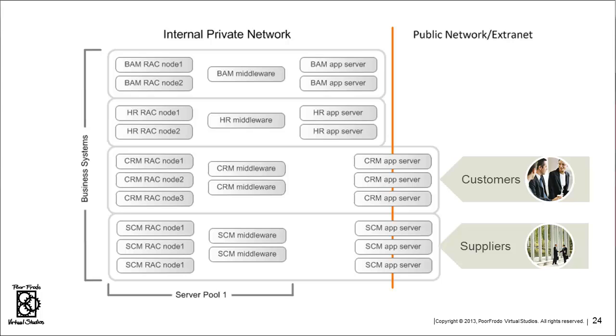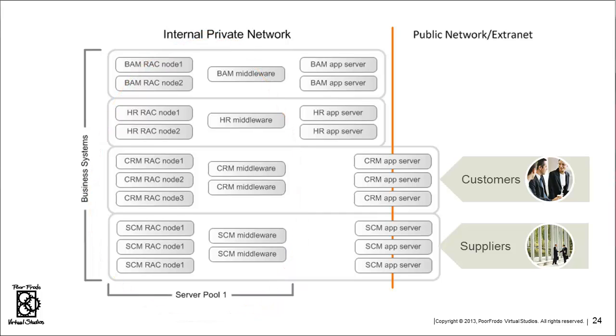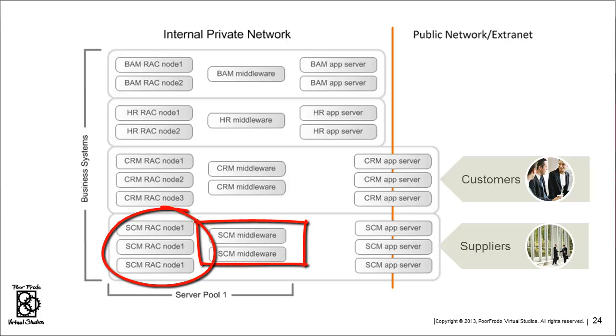Now what we're going to be building is 2 server pools. Server pool 1 is going to handle the databases and the middleware. Now I have basically 2 different types of virtual machines that have 2 different networking requirements. Both of these, the middleware and the RAC, let's say, in our particular instance, have a front end and a back end.